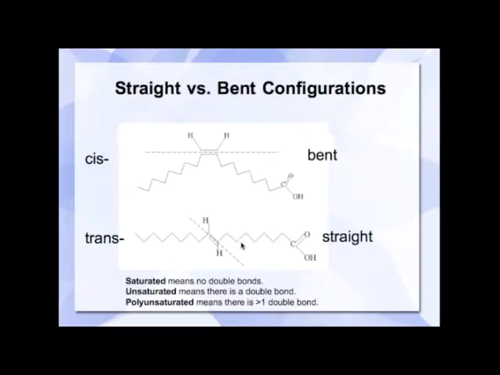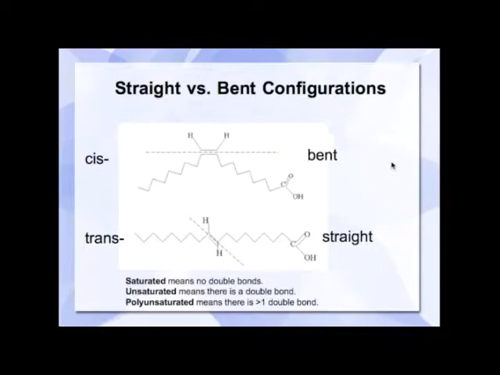When the zigzags are on the same side of the dotted line, we call this the cis configuration, and cis means bent. But when the hydrogen atoms or the zigzags are on opposite sides of the dotted line, we say that this is the trans configuration, trans indicating that the molecule is straight.